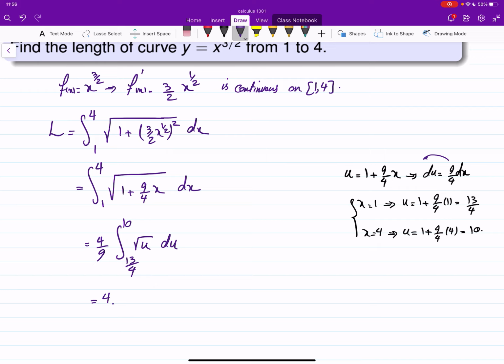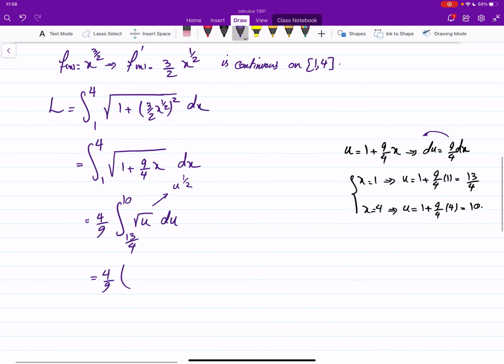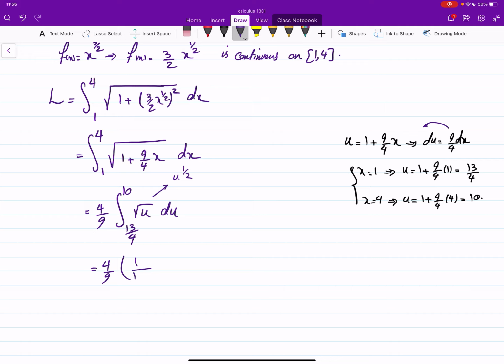Now, this is u to the power half. We can integrate it using just the simple power rule, 1 over half plus 1, u to the power half plus 1, and then go from 13 over 4 to 10. So that will give us 2 over 3, and we multiply outside, we get 8 over 27, and this is u to the power 3 over 2.